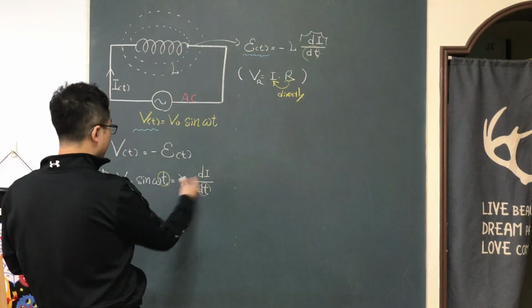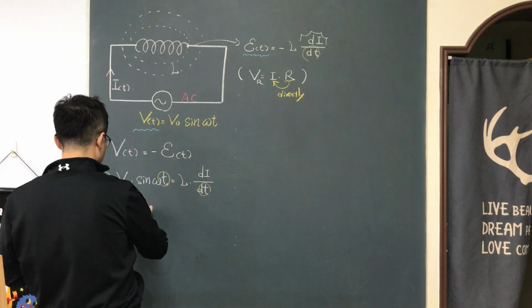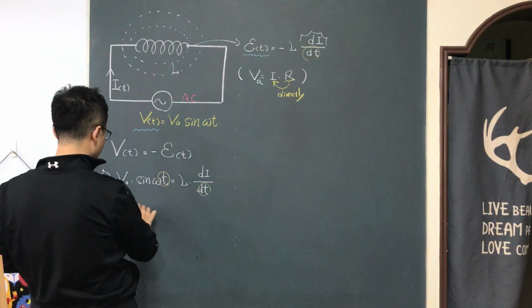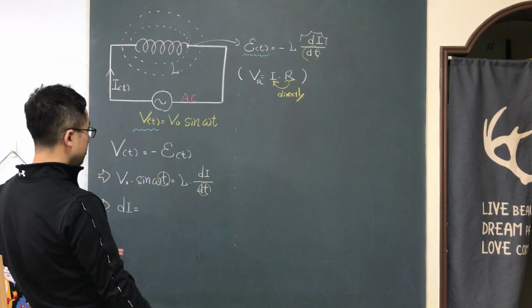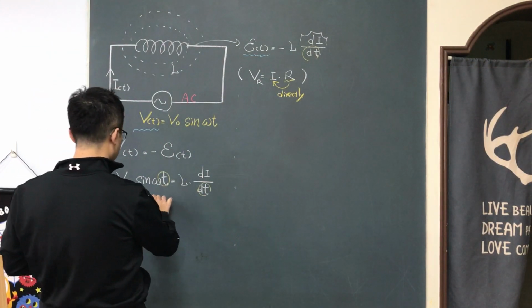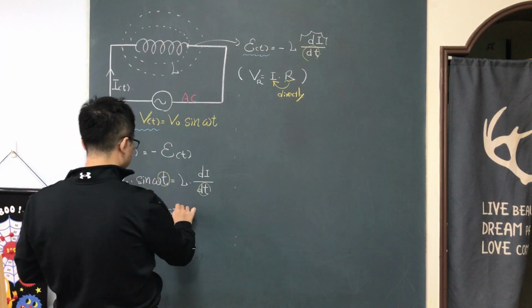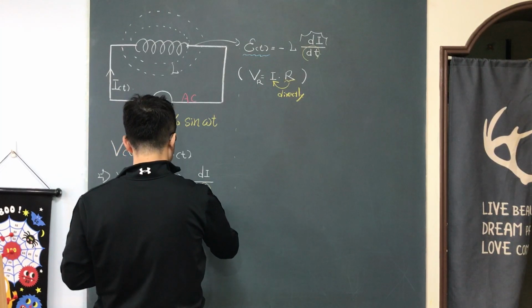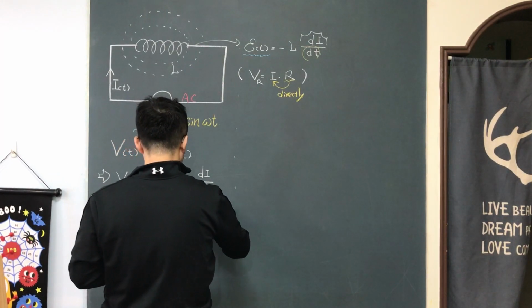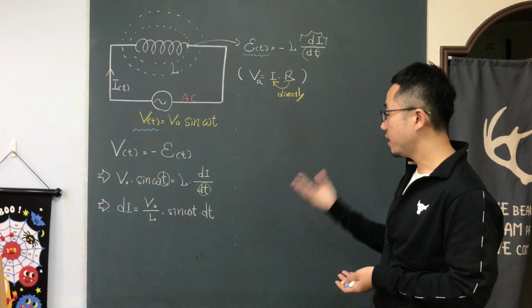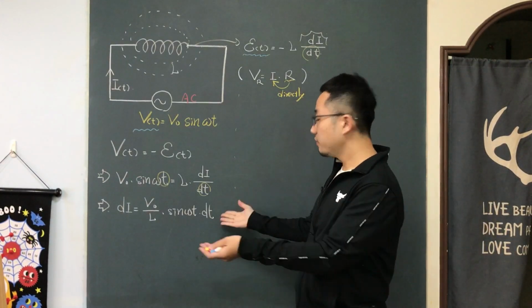Which means di is equal to V naught divided by L times sine omega t times dt.